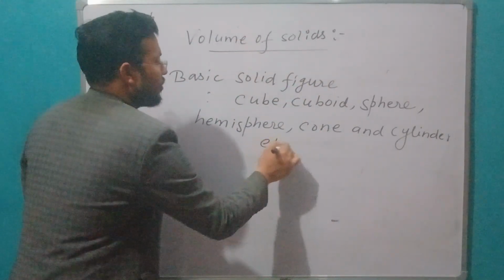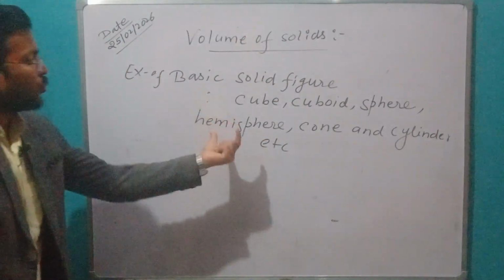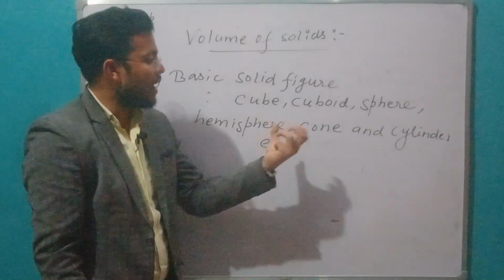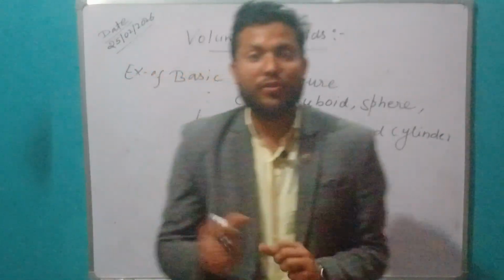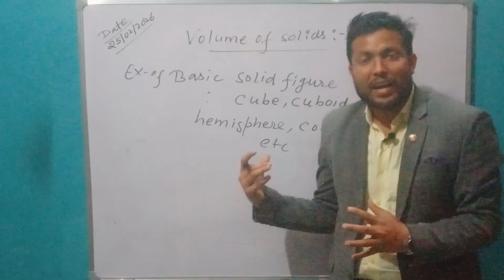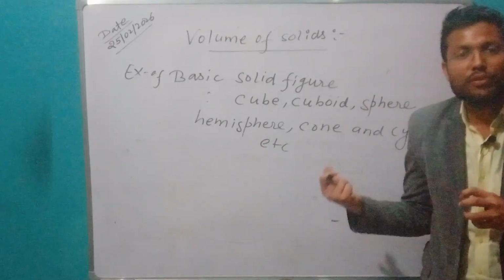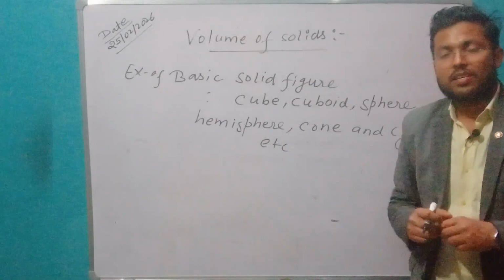Here the cube, cuboid, sphere, hemisphere, cone and cylinder are solid figures because they are three-dimensional figures which occupy space.